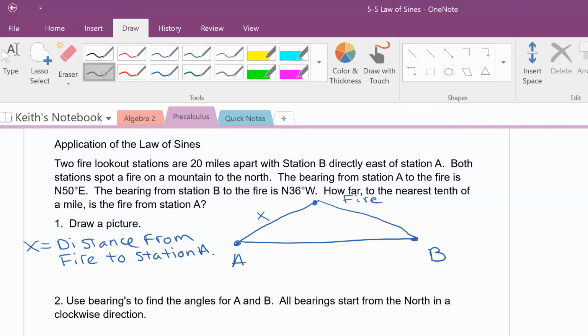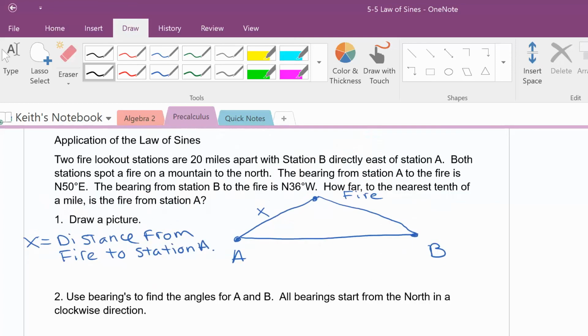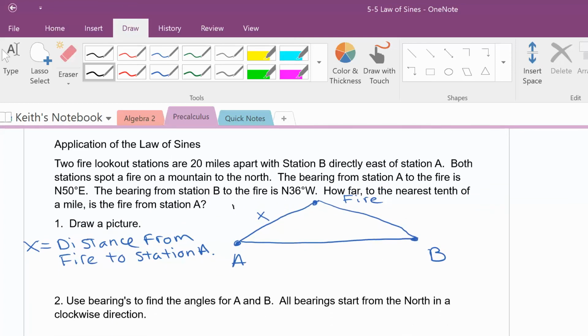Now, the bearings, to find the angles. Whenever you're dealing with bearings, bearings always start from the north, meaning if you looked at a compass, like from A here, this is north, south, east, west. It says it's from station A, it's 50 degrees northeast, which means this is 50 degrees, which means if you went all the way, it's 90.